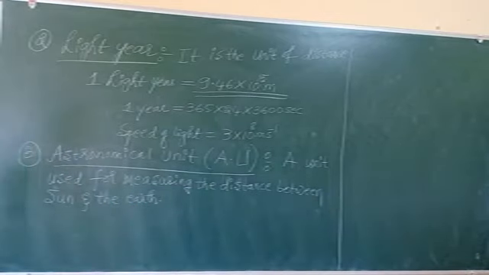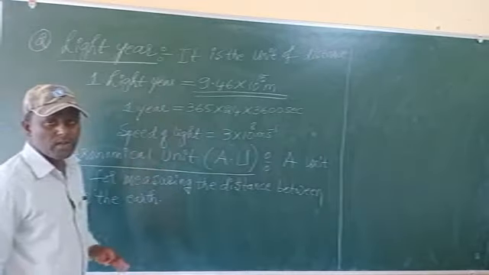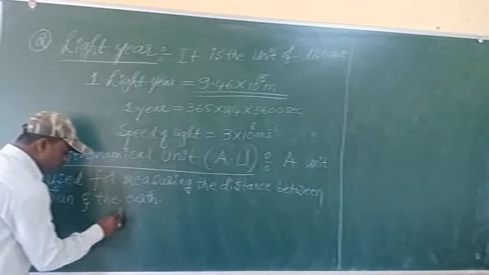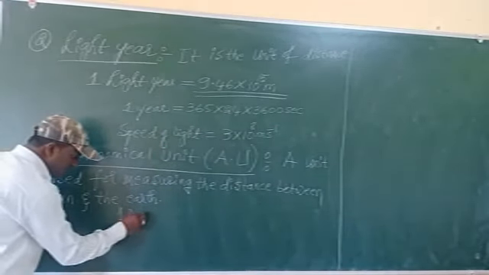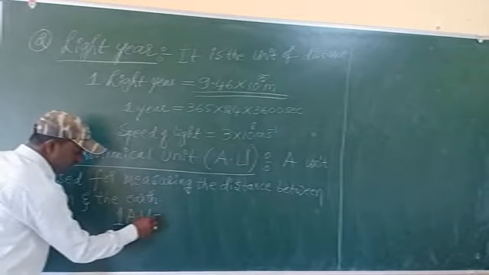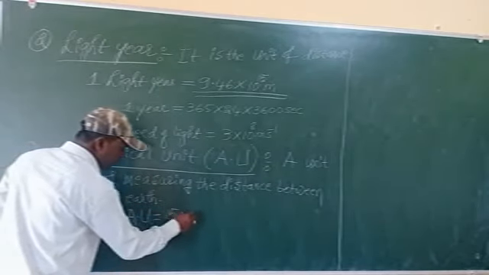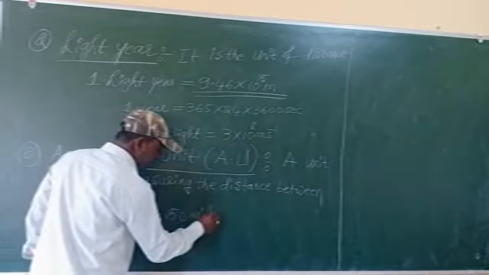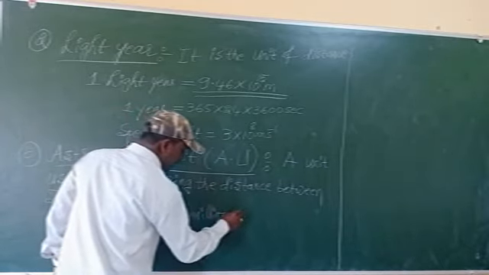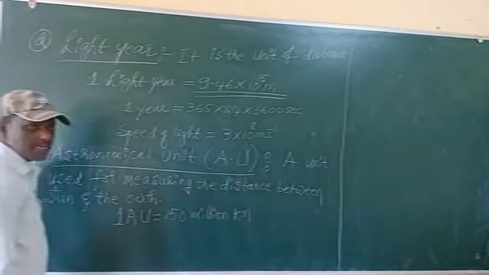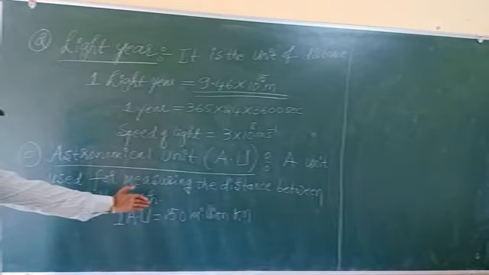One astronomical unit, or the distance between the sun and the earth, is 150 million kilometers. This is the average distance between the sun and the earth.